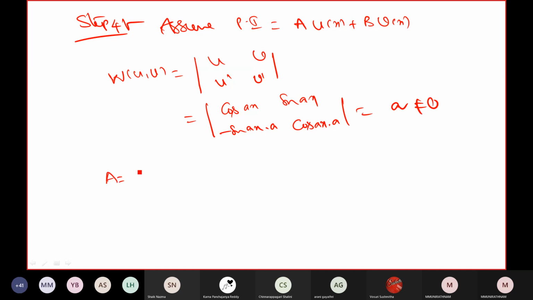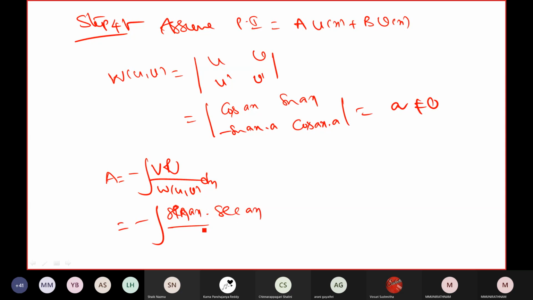So what is A now? Capital A. V is sin ax. R is secant ax. The Wronskian is a.